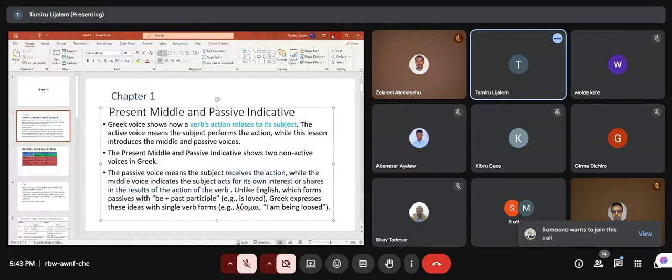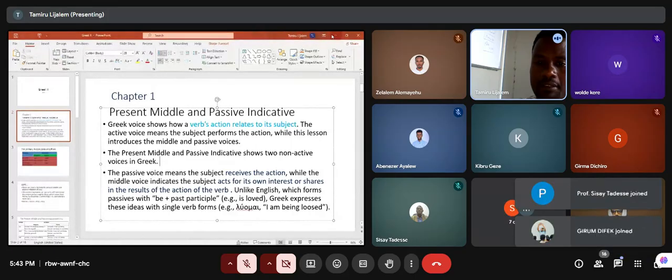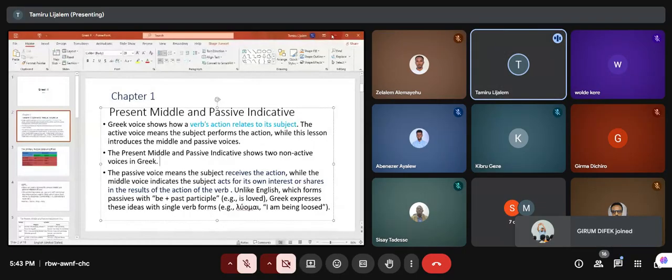English or Greek verbs have person, number, tense, voice, and mood. These are the five characteristics of Greek verbs.